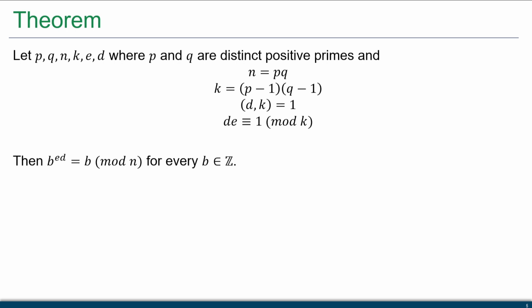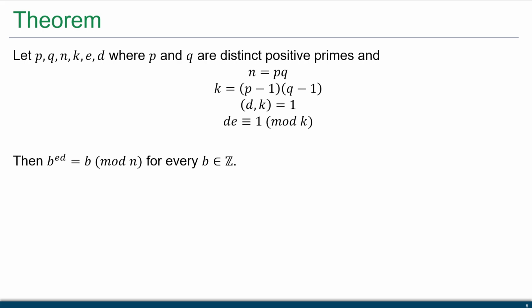If B represents my message, I can encrypt my message by taking B and raising it to the power of E. Of course this is still mod N. If I want to get that message back, I then take that encryption, that B to the E, and raise that to the power D, and then I get the original message back, again mod N. So this is the algorithm in itself. This is how it all in fact works.